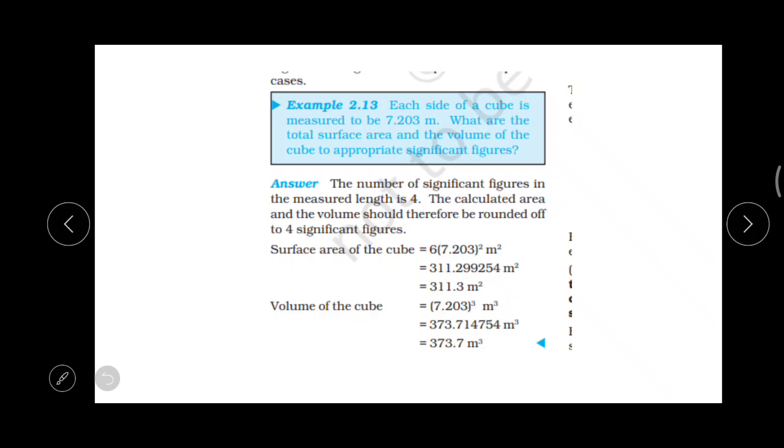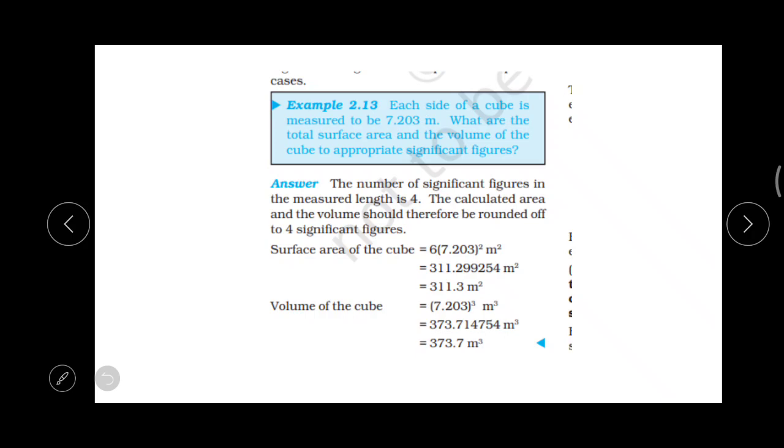We have to follow the arithmetic operation rule on the basis of significant figures here. So the number of significant figures in the measured length is 4. We have already discussed that.